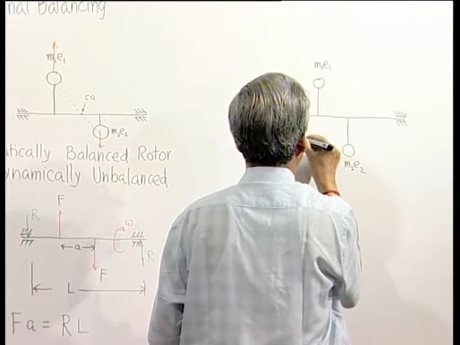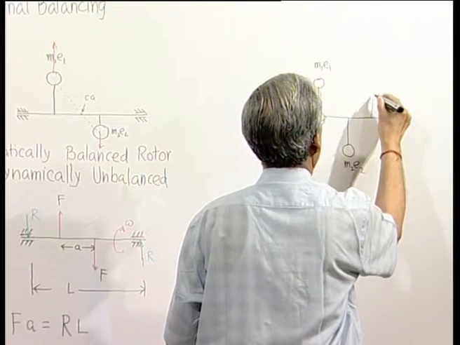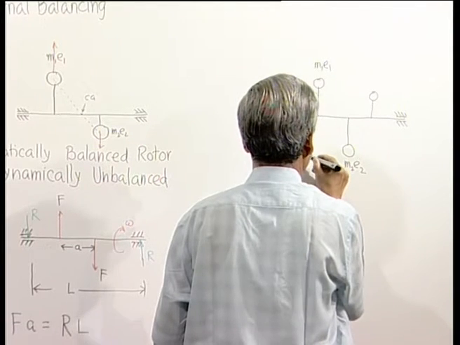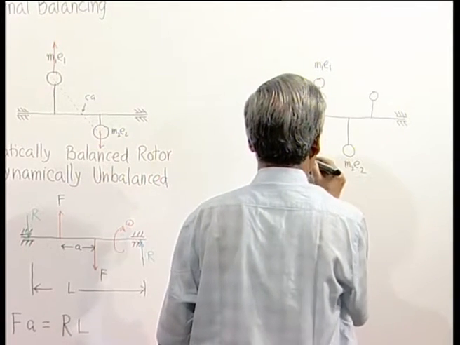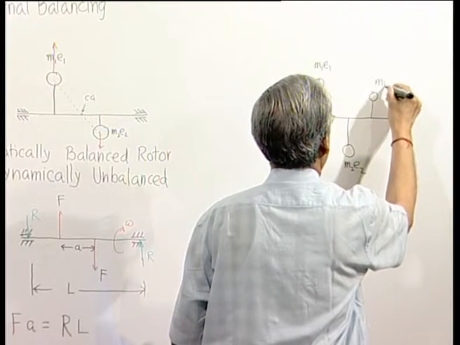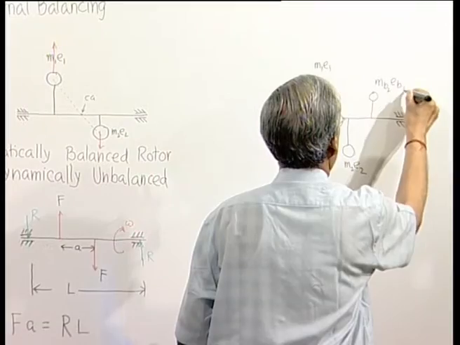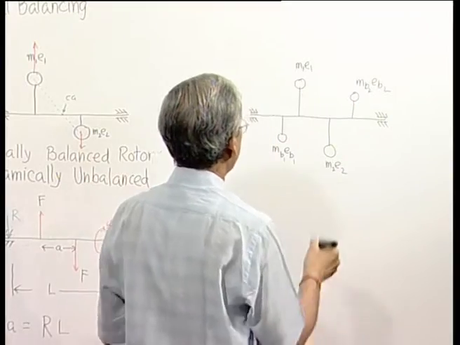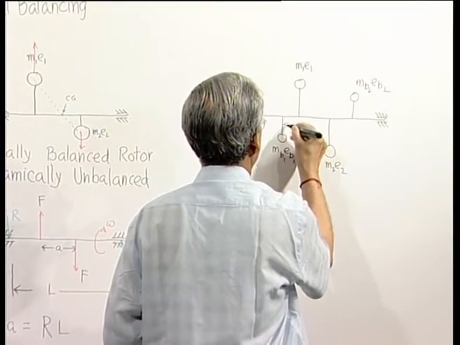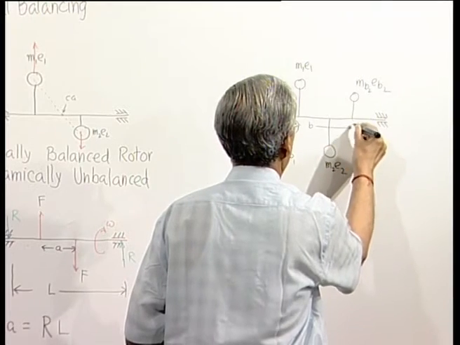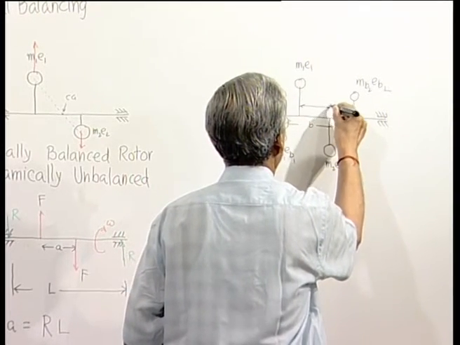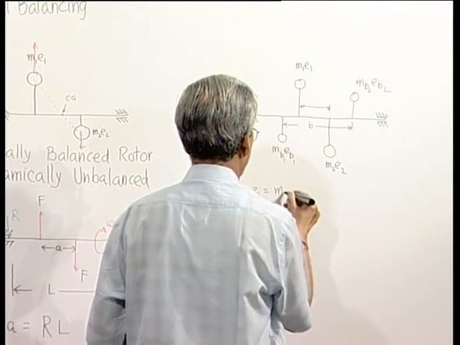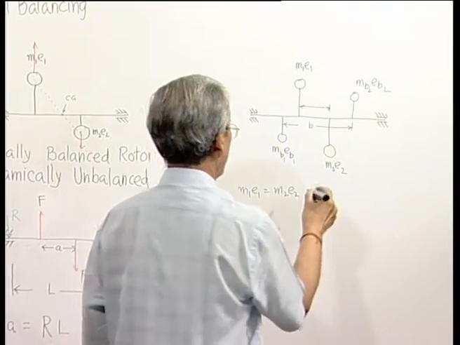Then what we can do, so if we add these two objects in such a way that it produce a couple, if this is B and that is A, then the couple produced by this when M1 E1 is equal to M2 E2, that is the condition for static balancing.